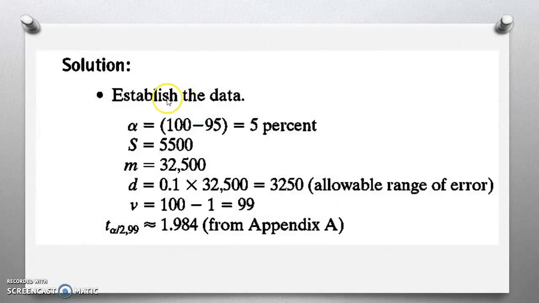Solution. First, let's establish the data. Our population size is equal to 100, since it's given in the problem that there are 100 highway links that have similar volume characteristics. Minus 95: it is based on a 95 minus 5 precision level, which gives us a significance level of 5%.